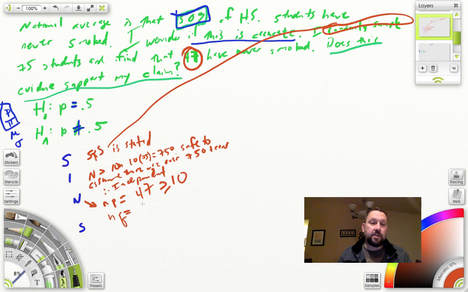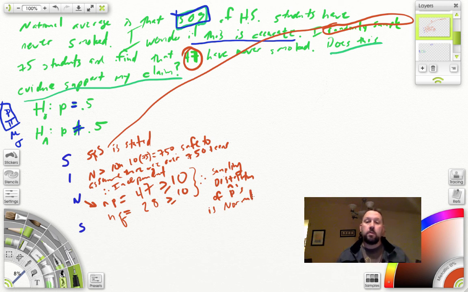So 75 minus 47 is 28, if I'm subtracting correctly, which is also greater than or equal to 10. Therefore, the sampling distribution of p hats is normal. And that's huge. You got to write that. You got to say something about the sampling distribution of p hats, and therefore it's normal.